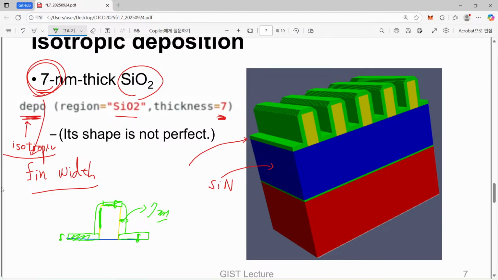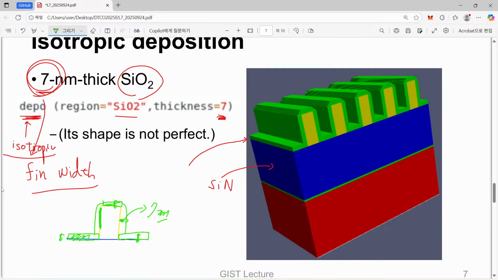In reality, is it really 7 or not? It really depends on your material. If you have a certain process, then you can have really 100% of the thickness. And this amount of anisotropy really depends on material composition and other process conditions. But in this case, we just assume perfect isotropic deposition.